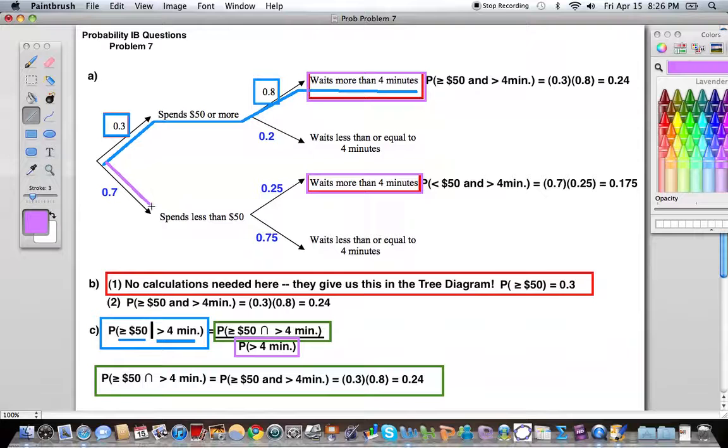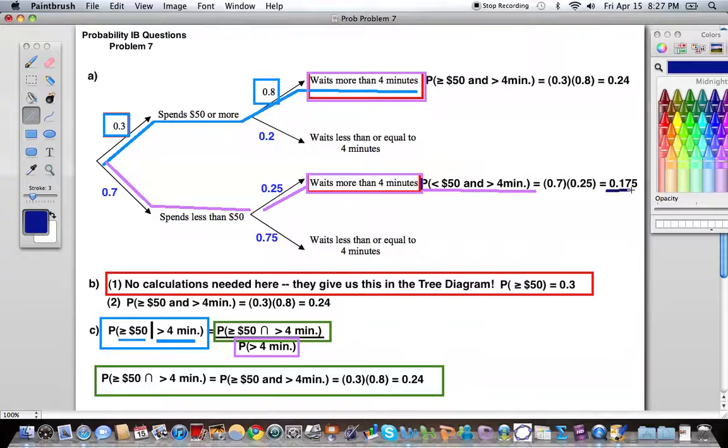Well, we're going to have to multiply down this path to find the probability that a customer spends less than $50 and waits more than 4 minutes. Just use blue. We know the probability of less than $50 and more than 4 minutes is equal to 7/10 right here multiplied by 25 hundredths, which gives us 175 thousandths, 0.175.